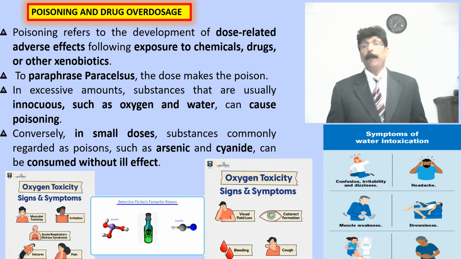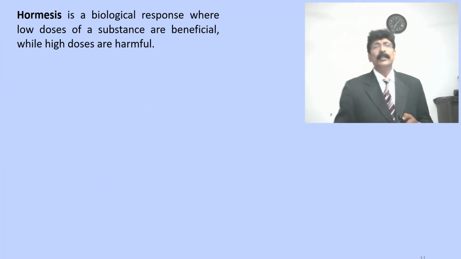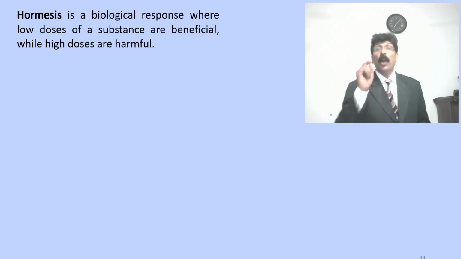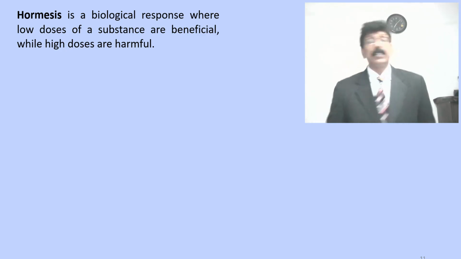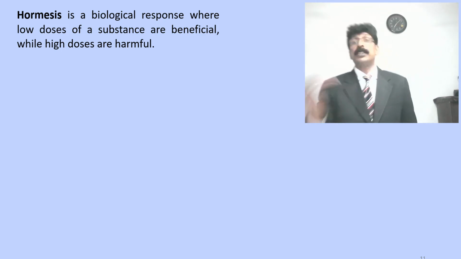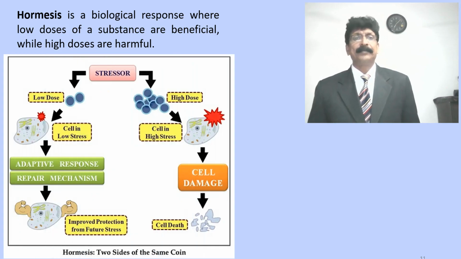They are very poisonous, but you should know the word hormesis. What do you mean by hormesis? Hormesis is a biological response where low doses of a substance are beneficial while high doses are harmful, just as we said about arsenic and cyanide.